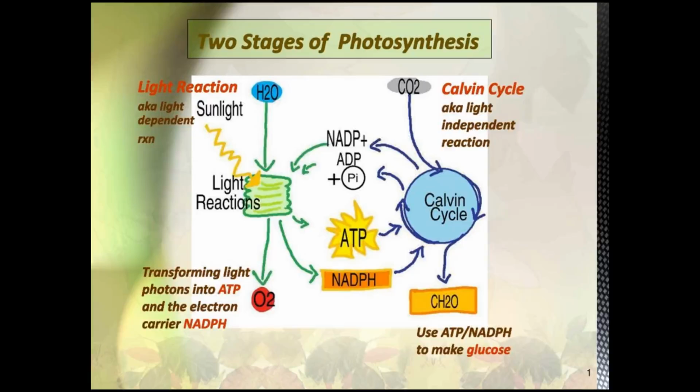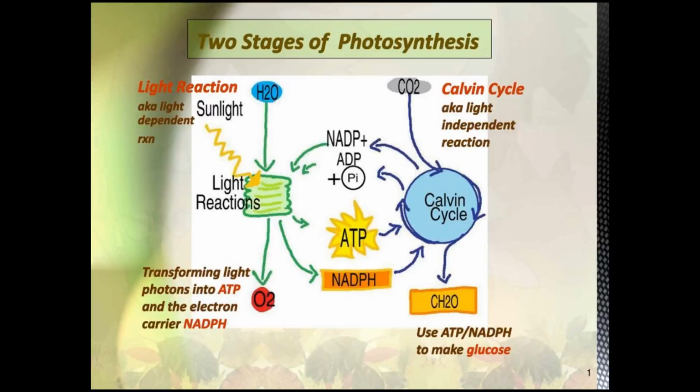In the Calvin cycle, carbon dioxide goes inside and we get glucose, CH2O. After that the Calvin cycle also gives NADP and ADP.